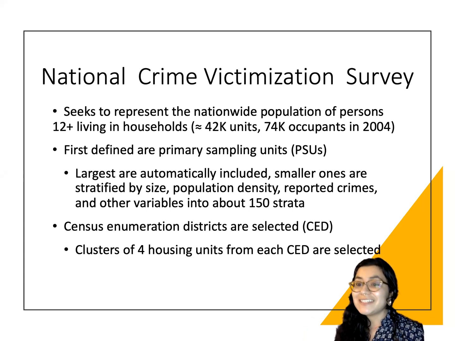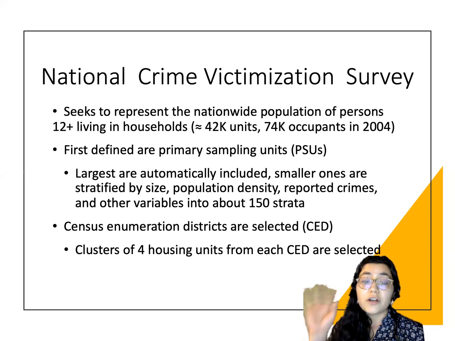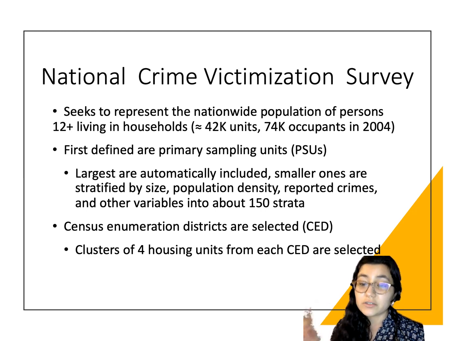So rather than compiling an entire list of everyone who lives in the US, they're defining primary sampling units. These primary sampling units are usually geographic units. The largest geographic areas are automatically included. Smaller ones are stratified by size, population density, reported crimes, and other variables into about 150 strata.